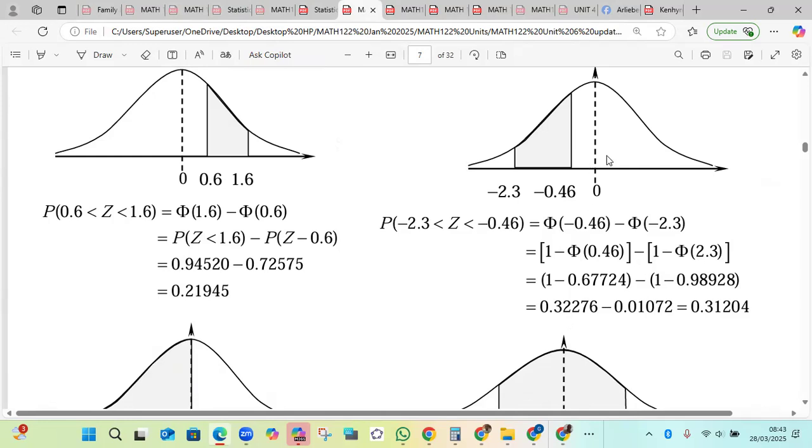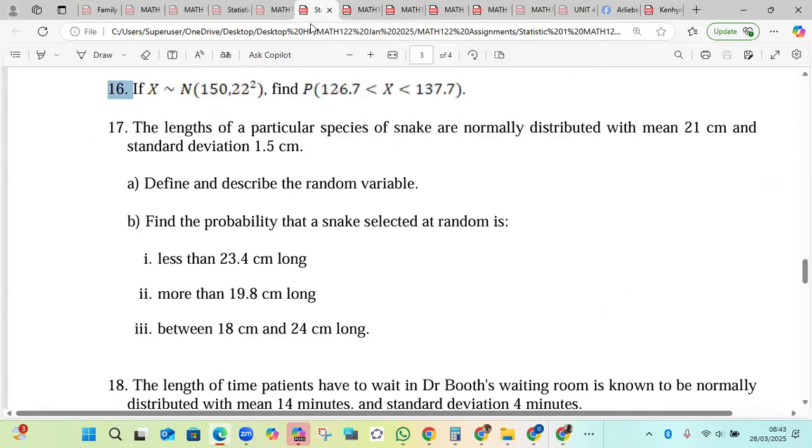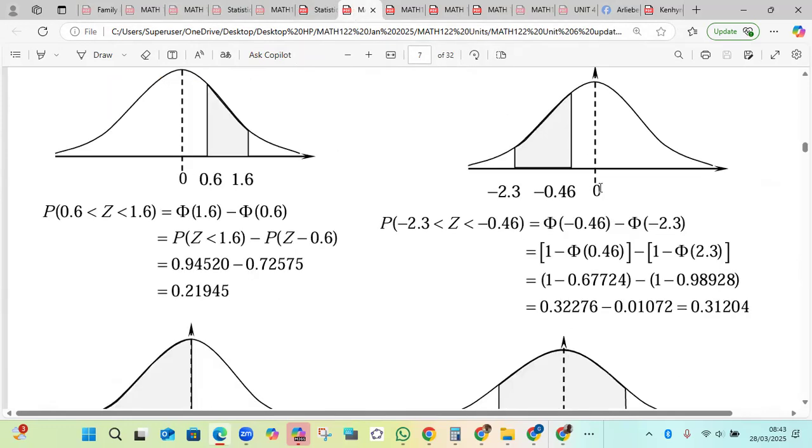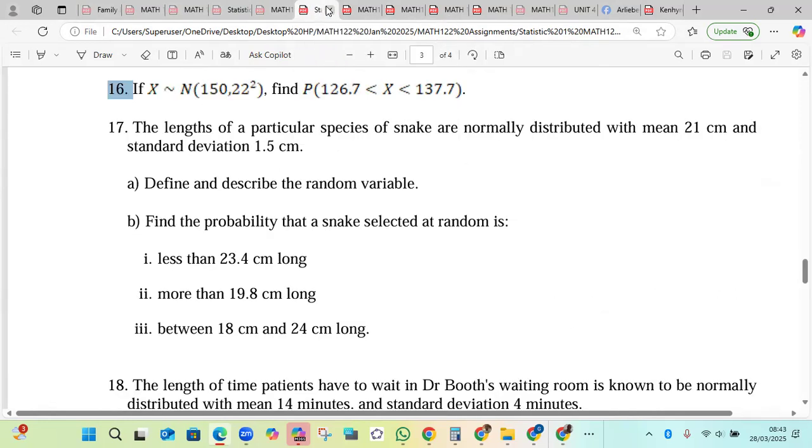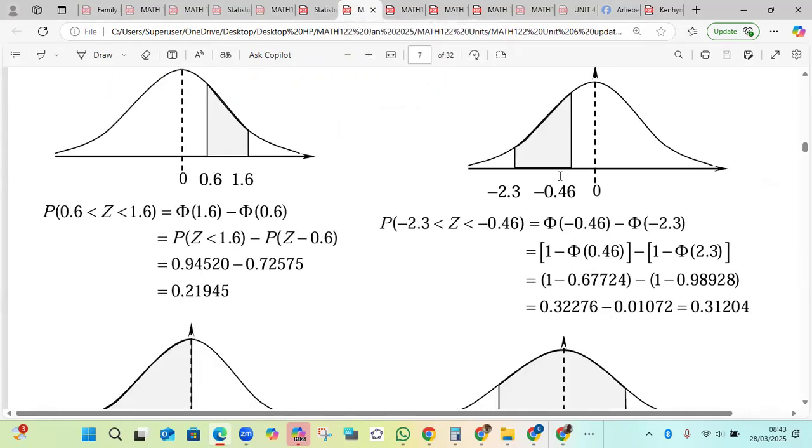So we have to apply working similar to this to answer such a question. We first put 150, and we put both x values, 126.7 and 137.7, and then we standardize.